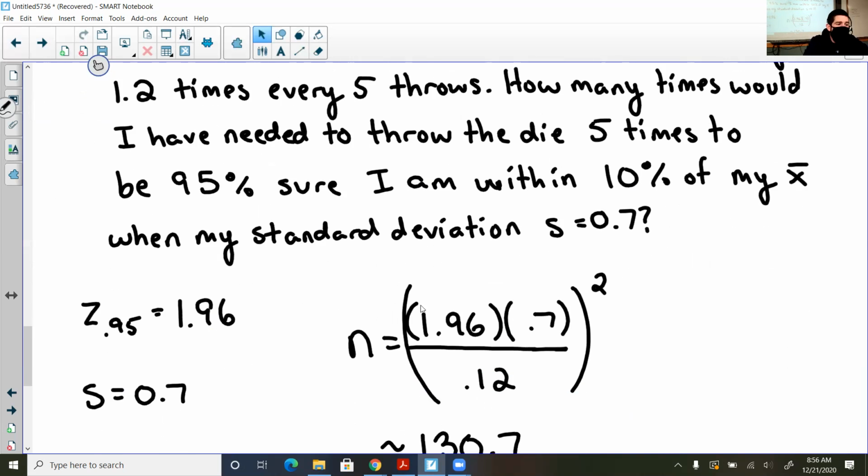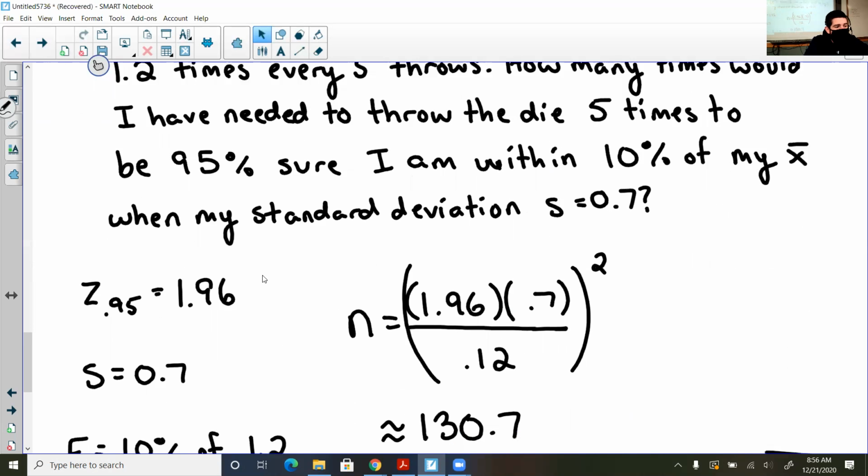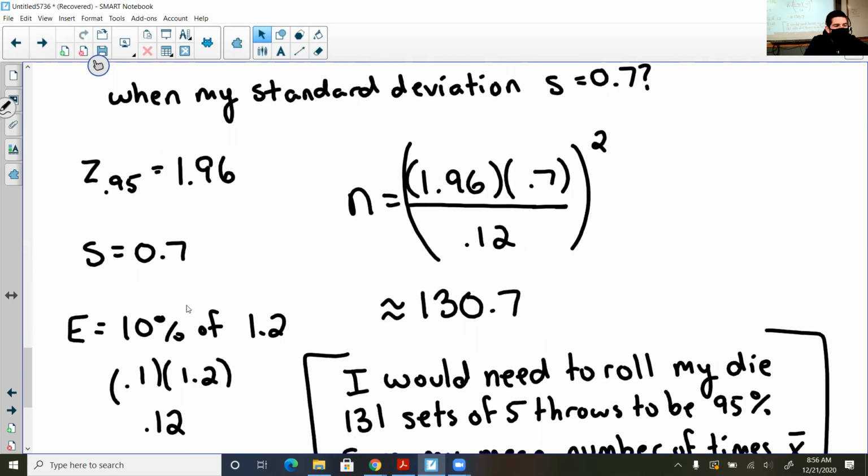So the 95% confidence is 1.96. We will all be using this value. My sample standard deviation was 7/10. So that will be different according to your value. And so my margin of error is what is 10% of 1.2? So 10% of 1.2 gave me 0.12. So my specific margin of error would be 12 hundredths.